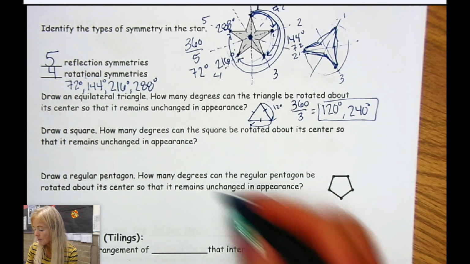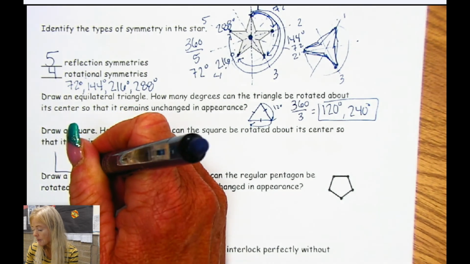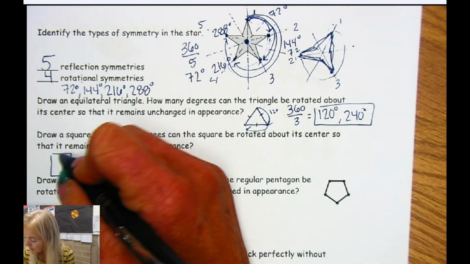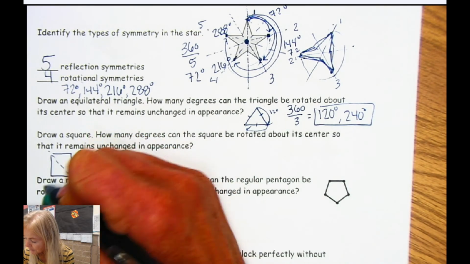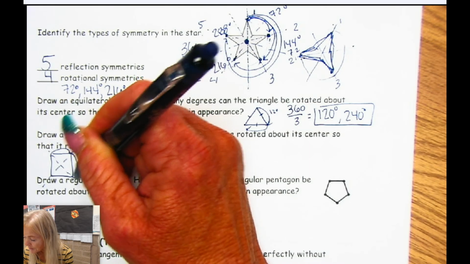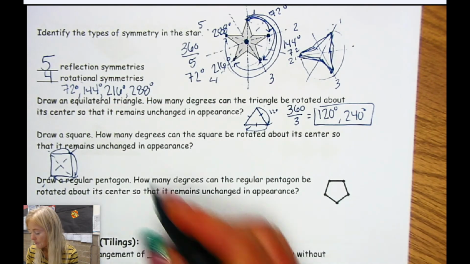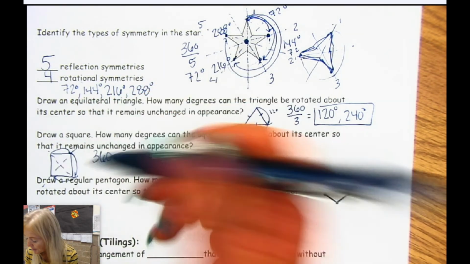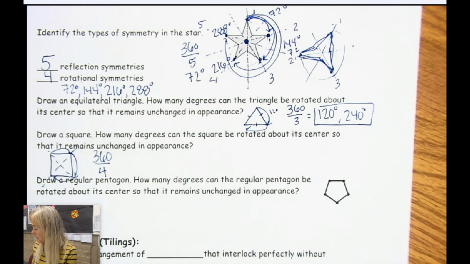All right, next one is draw a square. How many degrees can the square be rotated about its center so that it remains unchanged in appearance? So here, if we move to here, that's 1, and then 2, then 3, and then the 4th one would be back to 360. So we have 4 points, basically. We're going to divide 360 by 4 first, and that's 90.